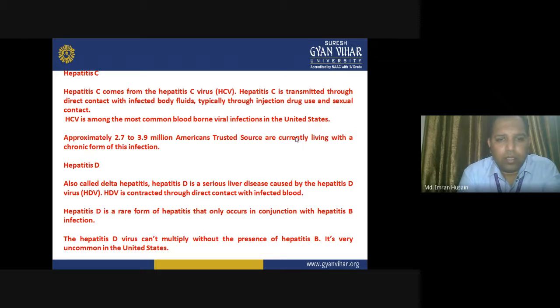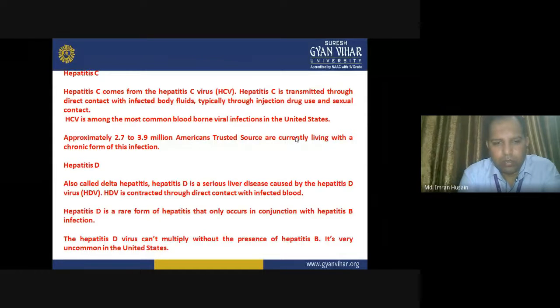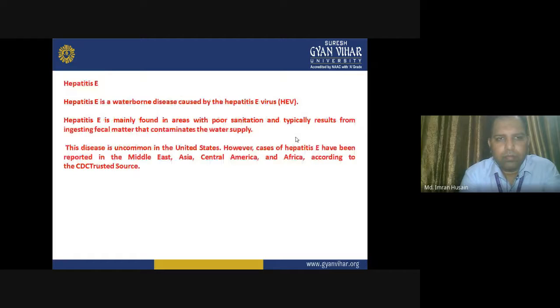Hepatitis D is a rare form of hepatitis that only occurs in conjunction with hepatitis B infection. So hepatitis B and hepatitis D are interlinked. The hepatitis D virus cannot multiply without the presence of hepatitis B. It is very uncommon in countries like the United States.